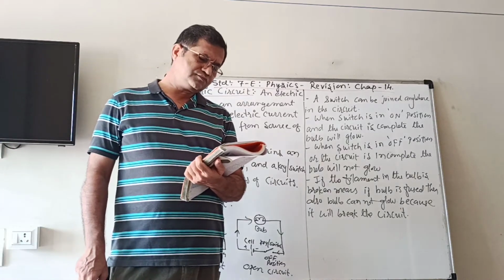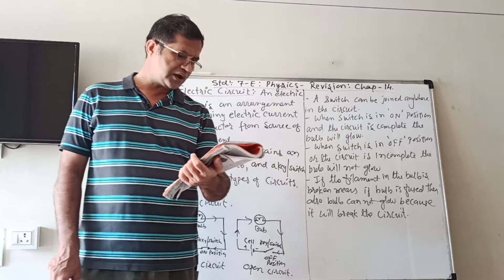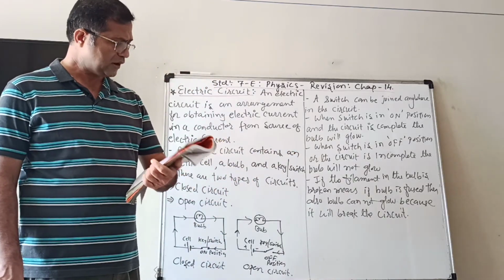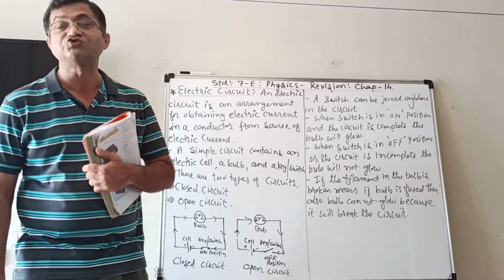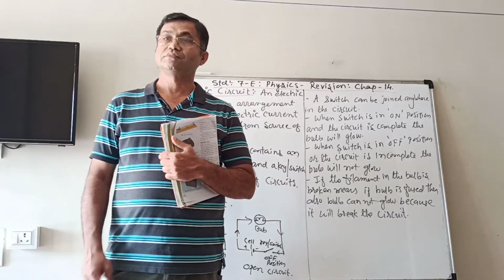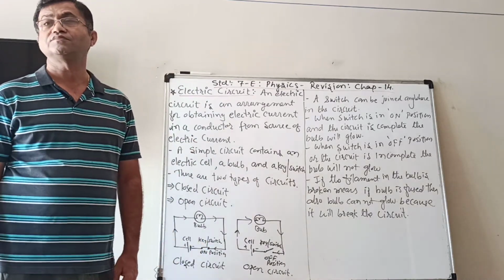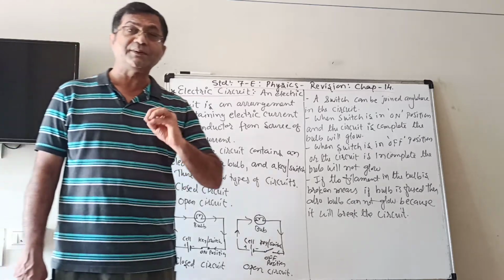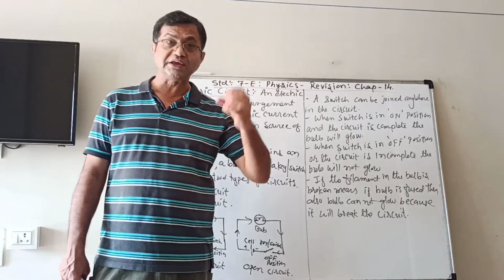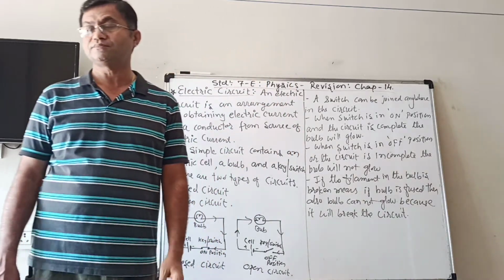Now there is another thing we have to understand, that where can we place a switch? Must it be next to the cell? Is there a perfect space for it, that it must be joined at a particular space only?